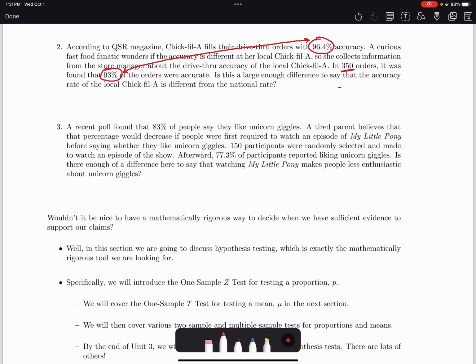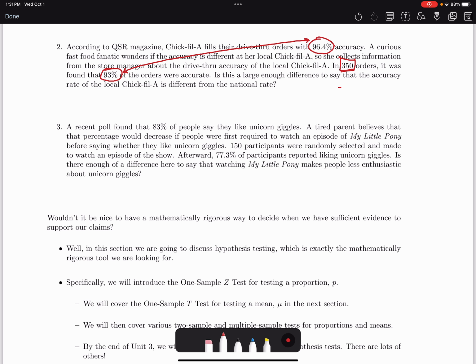Is it possible that we just so happened to get a sample of 350 orders that were a little bit less accurate, but maybe if we went out and collected a different sample of 350 orders, we would get something more than 96.4%? So what's going on here? Can we say officially that our Chick-fil-A is less accurate? Again, not easy to answer that question.